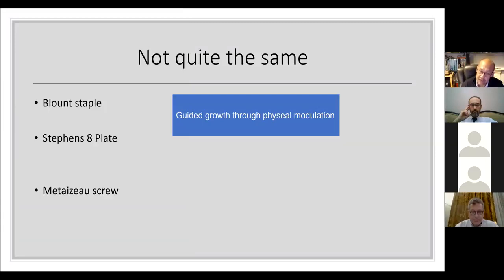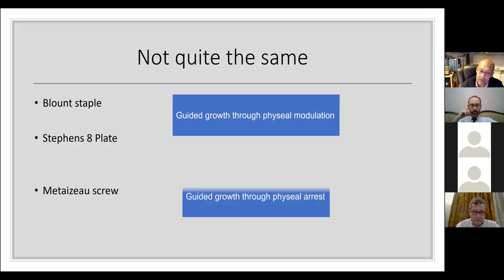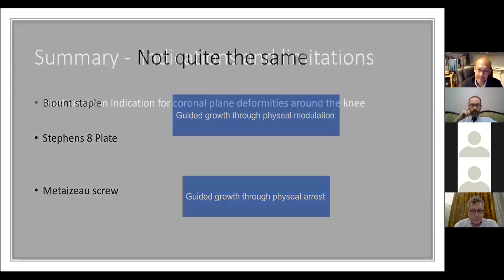The physis to which the device is applied is still growing, but it's not growing as fast as the other side. Whereas the Métaizeau screw technique is a method of physeal arrest. It's trying to stop the physis from growing. So the precision of that screw, the position of that screw, is critical. If you get it wrong in the 3-dimensional space, you're probably going to get a deformity.